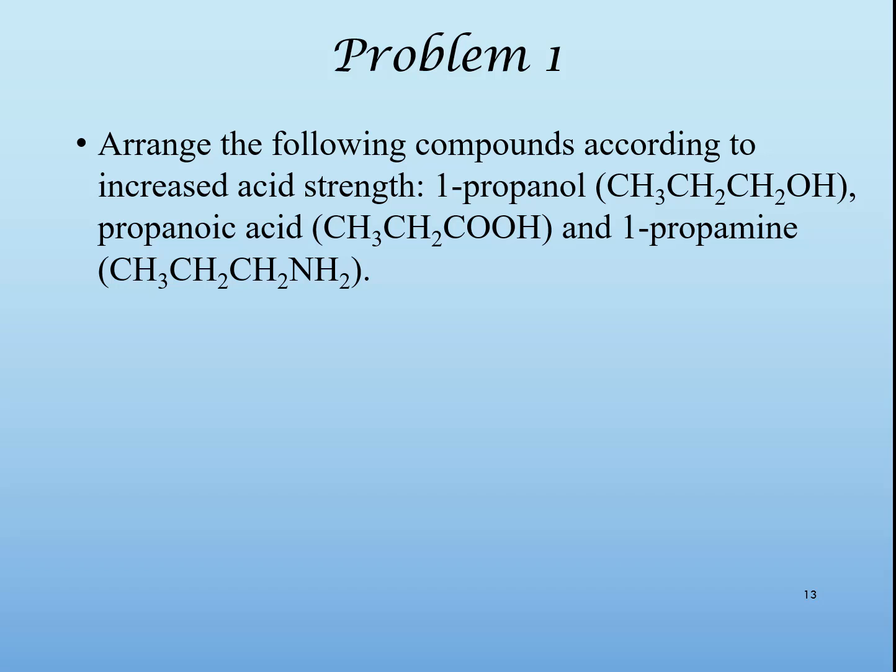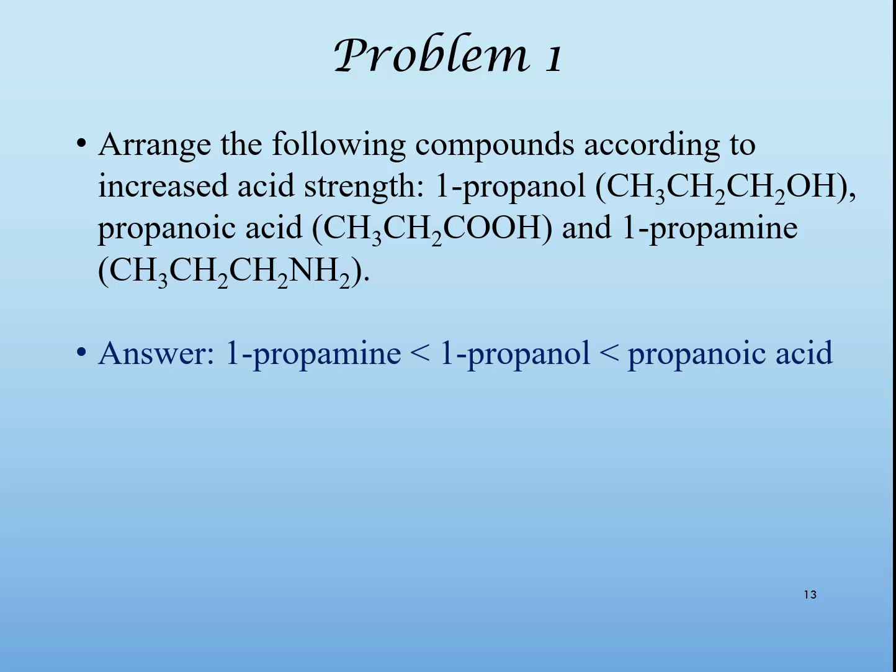Arrange the following compounds according to increasing acid strength: 1-propanol, propanoic acid, and 1-propanamine. Propanamine is the weakest acid and propanoic acid is the strongest acid. How can we understand this?